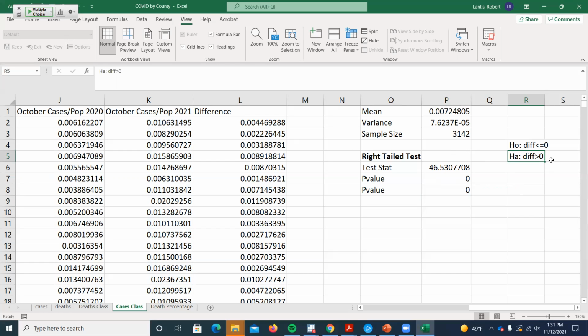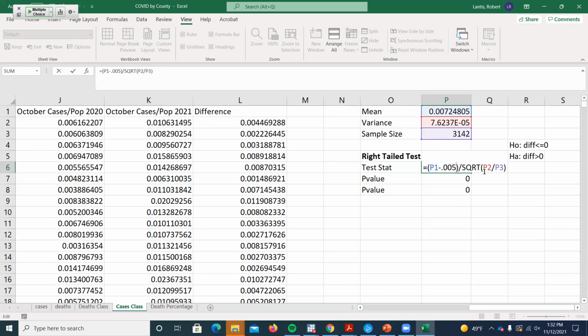So one of the problems with the built-in T.TEST is that the only value it can test against is 0. So let's instead say, okay, I found pretty strong evidence that cases have gone up. So the cases, per person, can I say that they are greater than, I don't know, 0.005, all right?